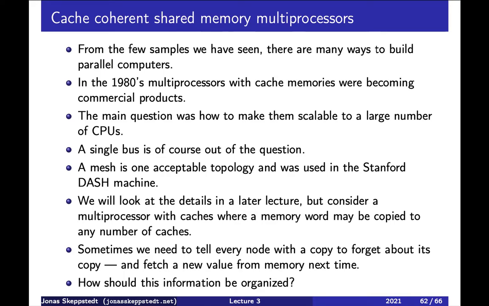So it's not that they can only talk to the neighbor, but they can address any part of the memory. And this is an acceptable topology, because typically a single communication link will not be overloaded.